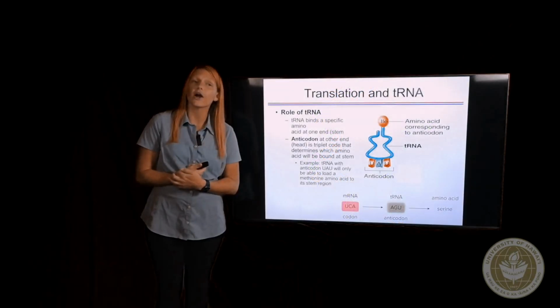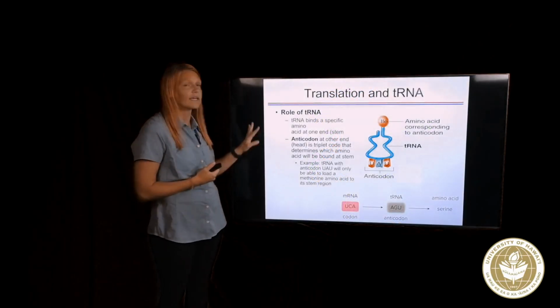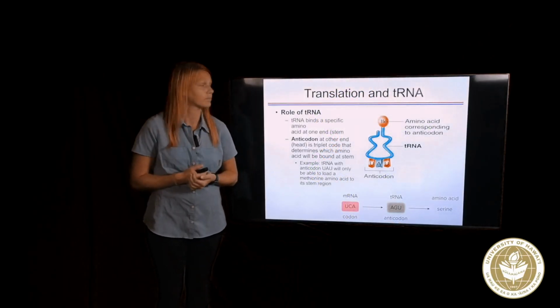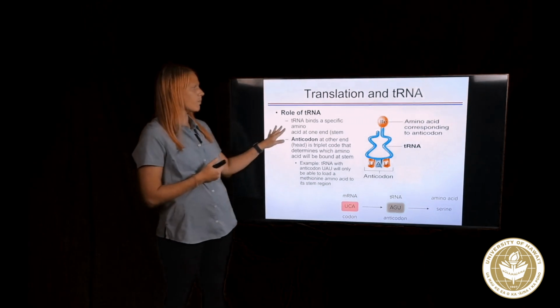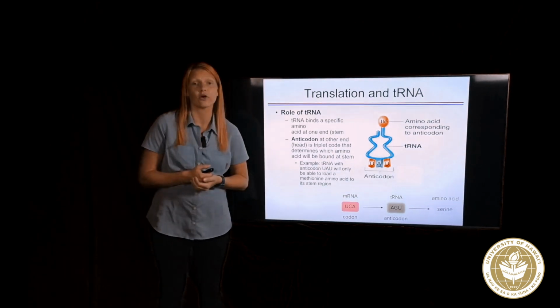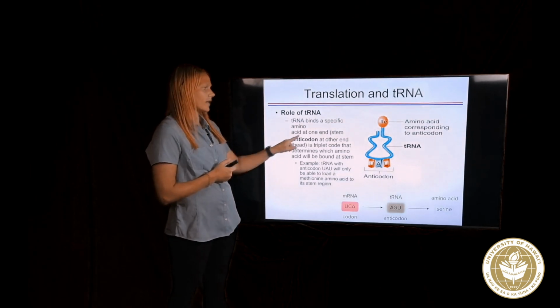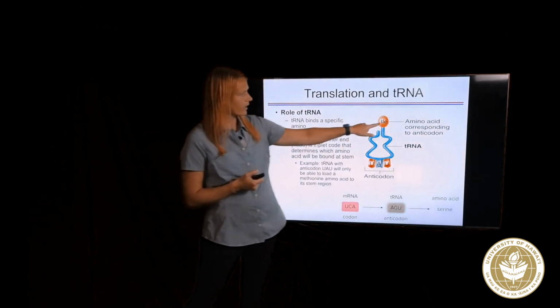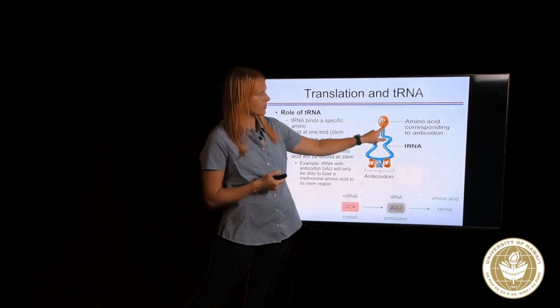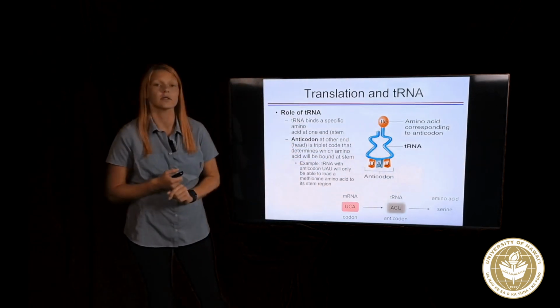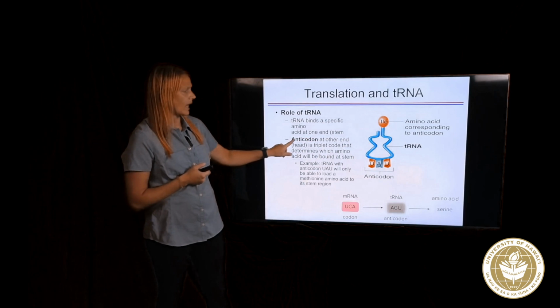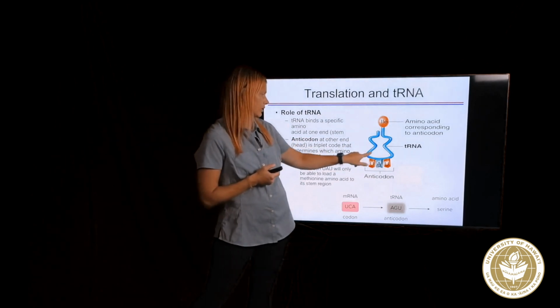So I've mentioned tRNA a little bit, but what exactly is the role of tRNA? So tRNA is going to bind a specific amino acid at one end of it. That's going to be the stem region. You can see right here, this is the stem region. That's where that amino acid is going to bond. On the other end, it's going to have the anticodon region.